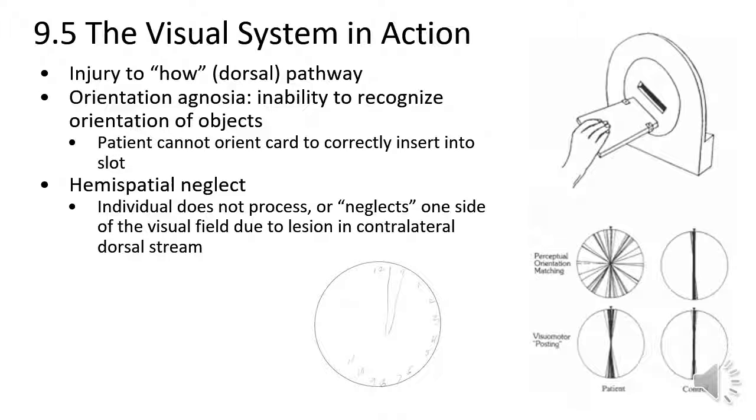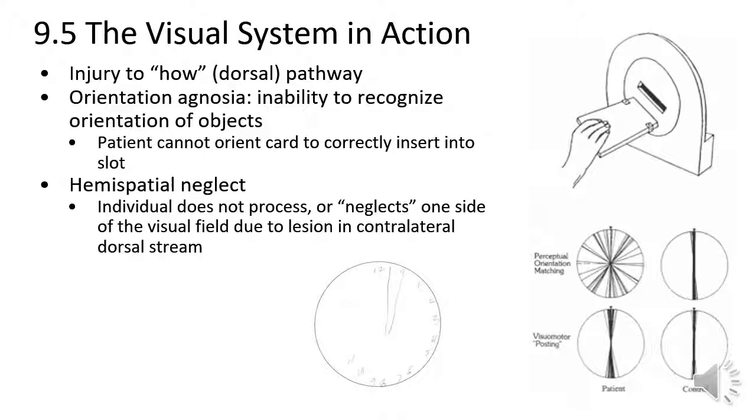In hemispatial neglect, this is damage again to the dorsal pathway, and in this case the individual neglects one side of the visual field due to a lesion in the contralateral dorsal stream. So if they have a lesion in the right dorsal stream, they're going to neglect the left side of their visual field.